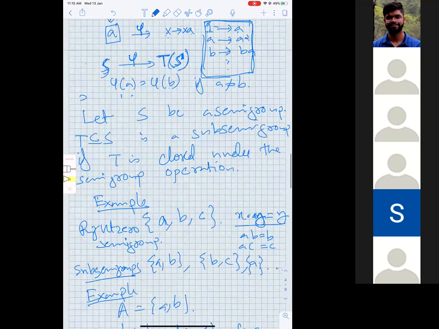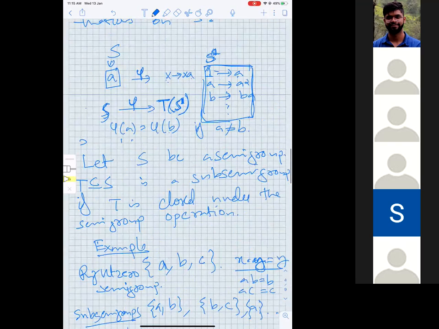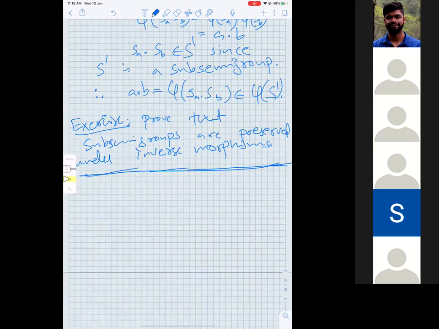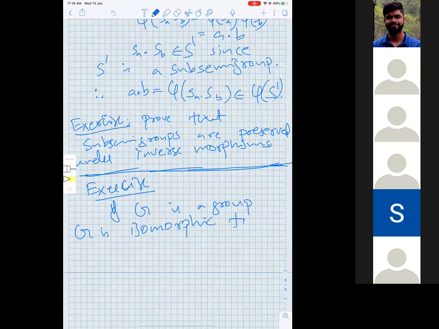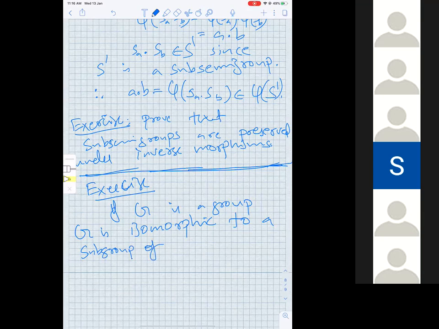Now I give you another exercise. If G is a group, G is isomorphic to a subgroup of the group of all permutations on G. So what do you mean by permutations on G?